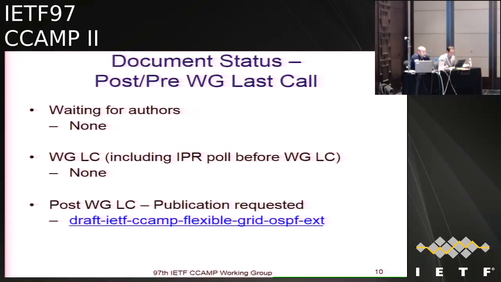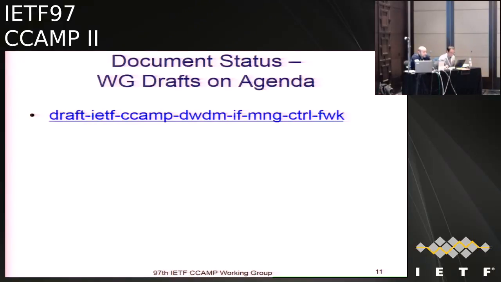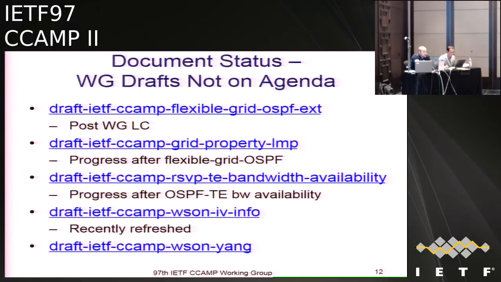Working group documents in the agenda: we have the framework for the management and control of DWDM interfaces, presented by Rudiger. We have a number of working group drafts that will not be presented at this time. The FlexiGrid OSPF extensions, as I said, is in post working group last call.